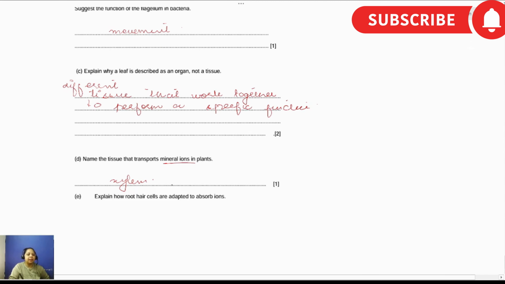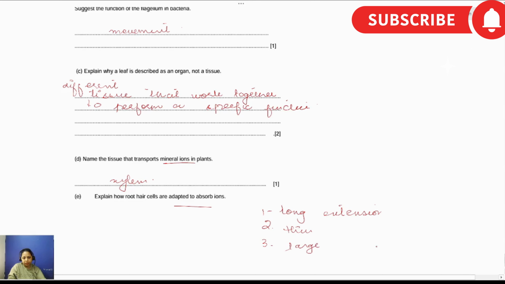How are root hair cells adapted to absorb ions? Number one, you have to tell the adaptation in the structure. Number one, they are long extensions. They are thin, right? What else? They have large surface area.